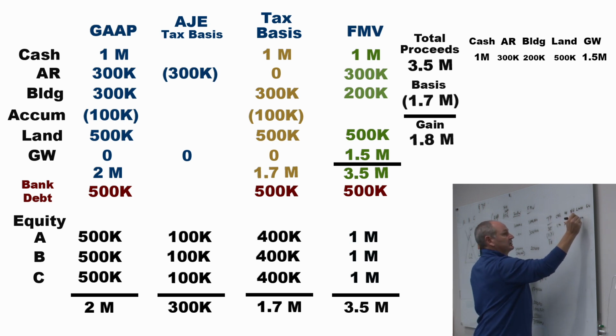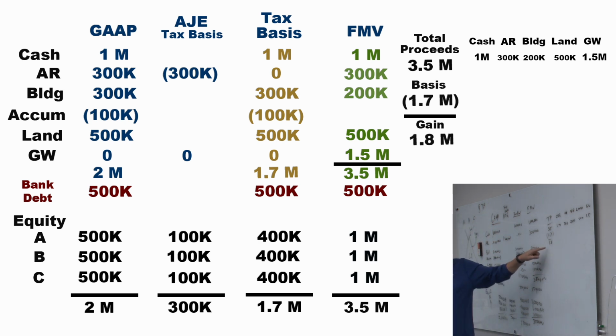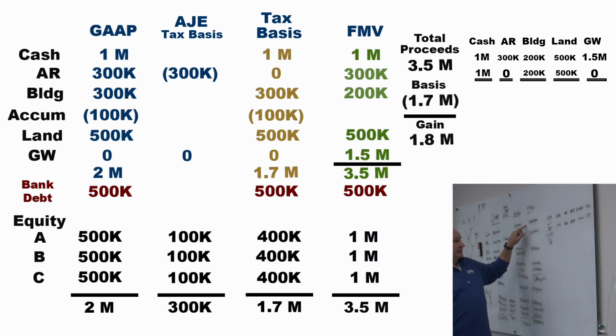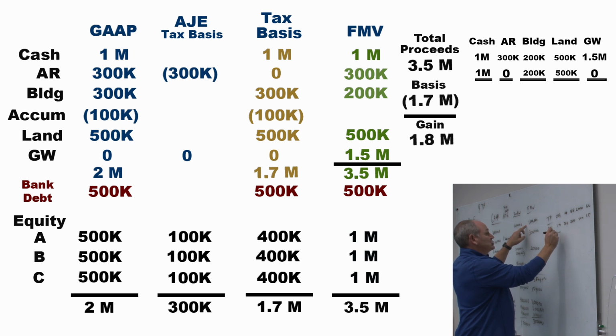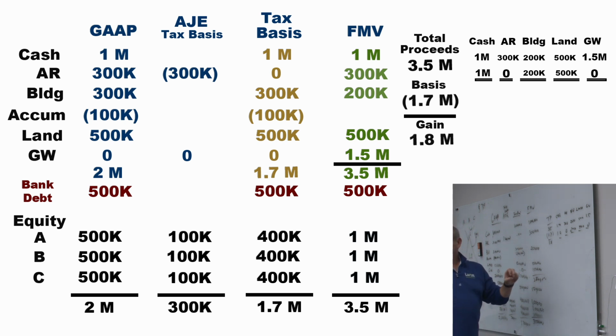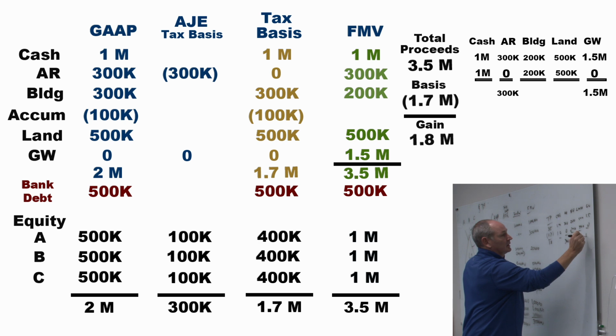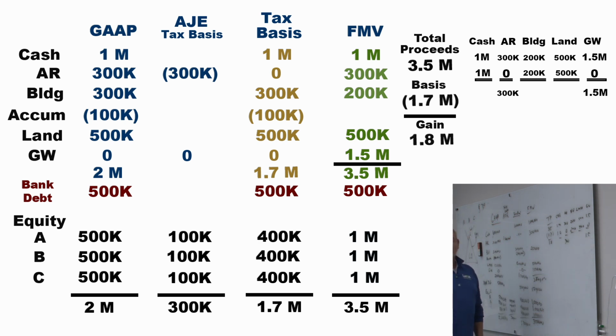Land is 500, and goodwill, we're saying it's 1.5. Math guy, do those foot across to 3.5? Okay. Basis is 1 million in cash, 0 in AR, 200 in building, 500 in land, and 0 in goodwill. So my overall gain is 300 and 1.5. Correct?